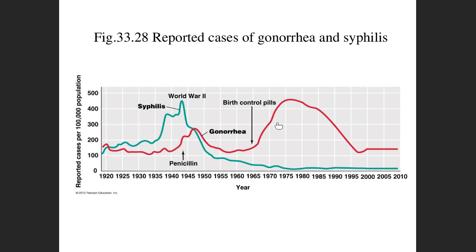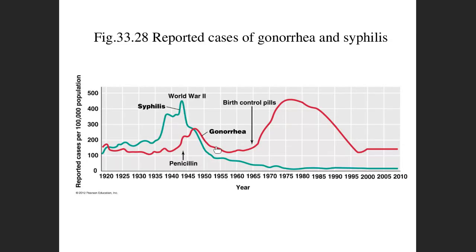We can use antibiotics. And so here is the incidence of gonorrhea. Historically it fluctuates and it goes up in 1945 with World War II. And syphilis is World War II related, very high up.